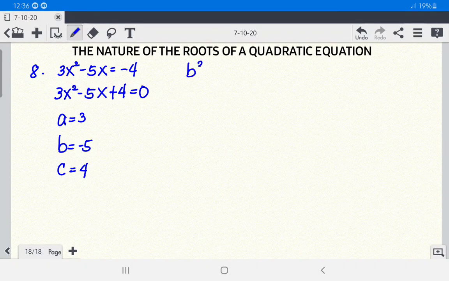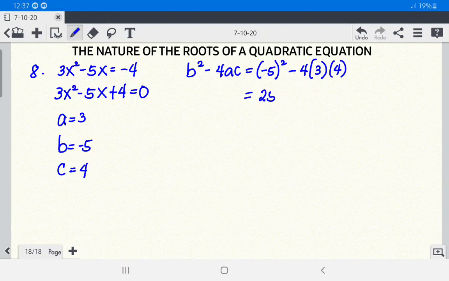Then, using the formula b squared minus 4ac, we have b is negative 5. Then, square it, minus 4 times 3 times 4. Negative 5 squared is 25, because negative 5 times negative 5 is positive 25. Then, negative 4 times 3 is negative 12, times 4 is negative 48. Then, 25 minus 48 is negative 23.